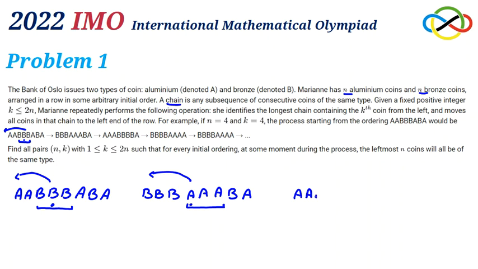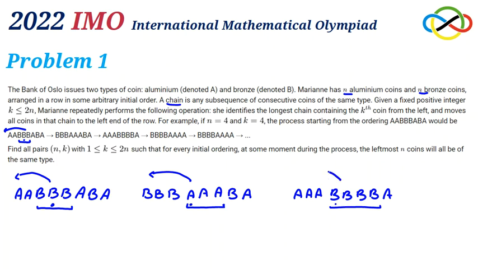Now let's do it again. 3 A's. Now we have 3 B's and B, A here. So it will be this. In the next step, we consider the fourth coin and move the longest chain containing this one to the left.